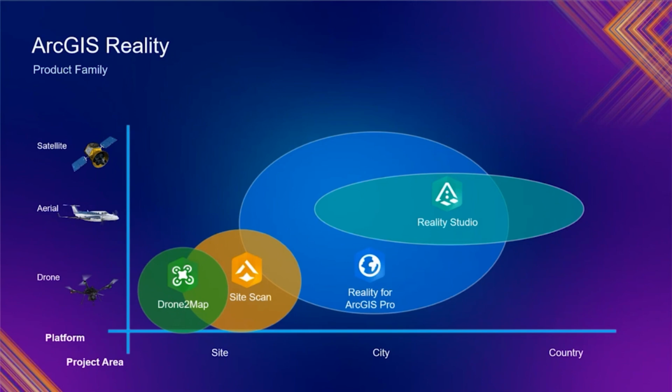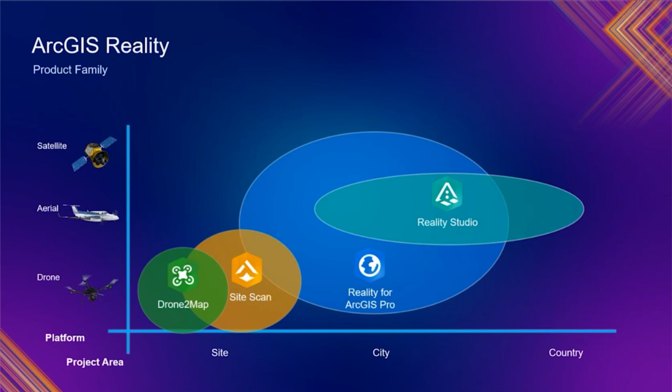Based on that, what software we can use is also completely different. Let's say, for example, if I go for sites, I can go for Drone2Map, which is a desktop environment, or I can go to SiteScan, which is a more online kind of thing. You fly a drone, take the data, upload it to the server, to this particular space called SiteScan, and from there it creates all the data and gives you back.